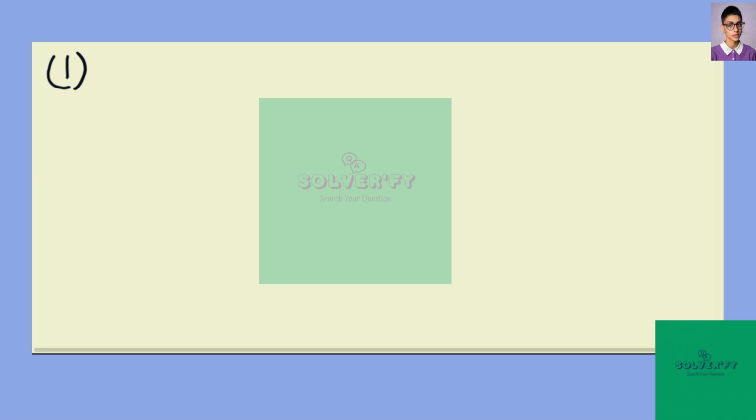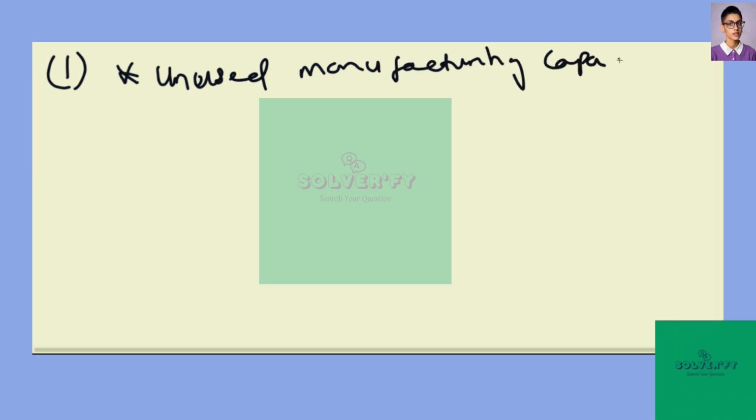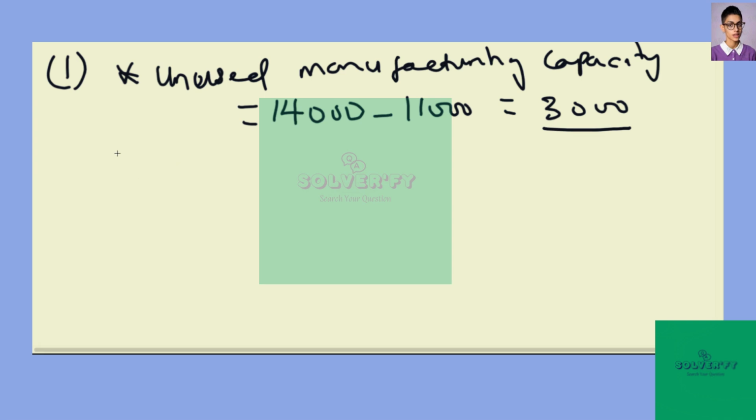So the first one is unused manufacturing capacity, and this is equal to, from the table, 14,000 minus 11,000, and this is equal to 3,000. Now the cost of unused manufacturing capacity, so this is the amount.